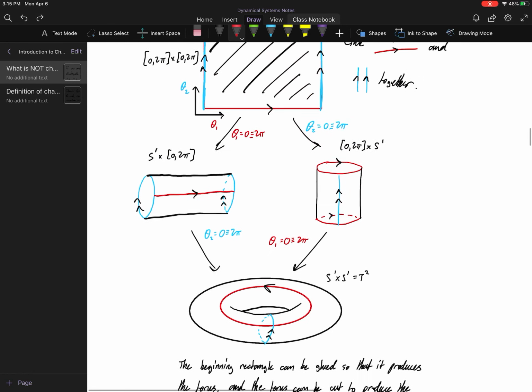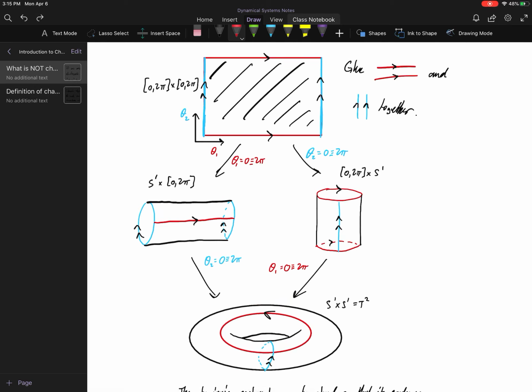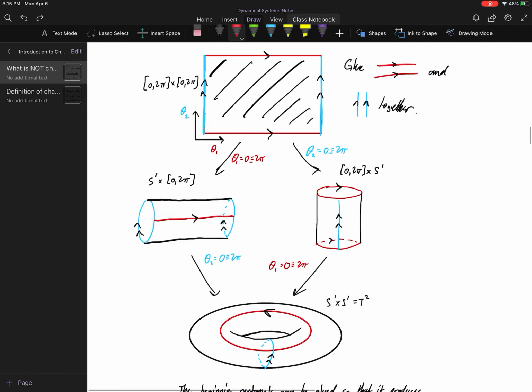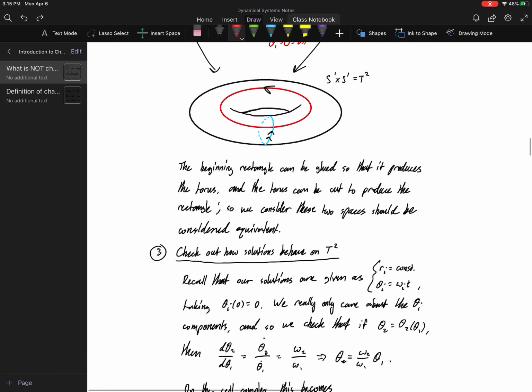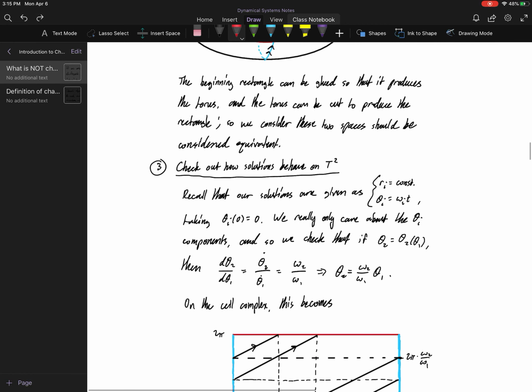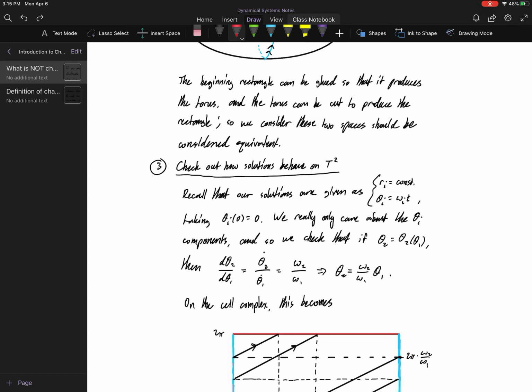So this rectangle is what we're going to take to be our model of this torus. And this is going to be independent of the embedding space. So we actually consider these two to be equivalent, right? The torus is actually a quotient space of that cell complex, or it comes from that cell complex. All right.